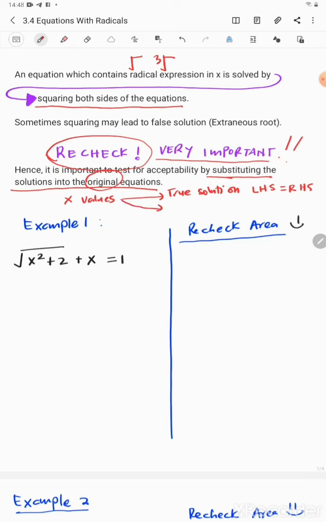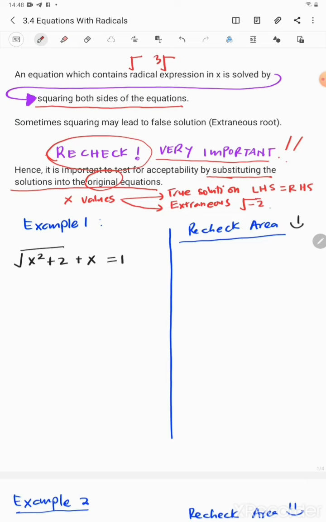Another possibility of answers is what we call extraneous, also called a false solution. When we square, sometimes we substitute and suddenly get a negative value inside the square root.